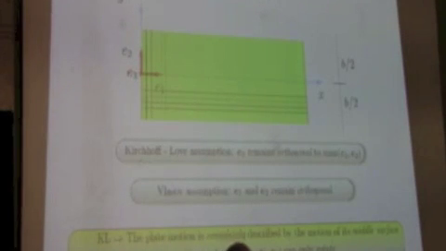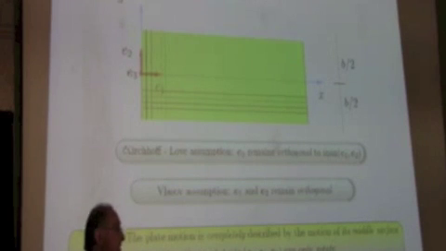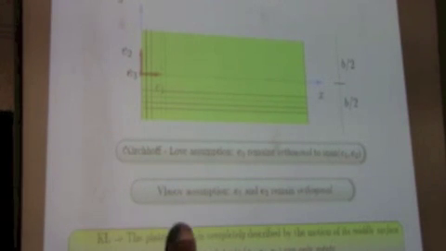If one considers also the so-called Vlasov assumption, one has to take into account also this constraint, that is, the vectors E1 and E2 remain orthogonal. I want to stress that the first assumption is compulsory because it's the assumption made by Koiter. The second one can be removed, even though in my presentation I will consider both assumptions.